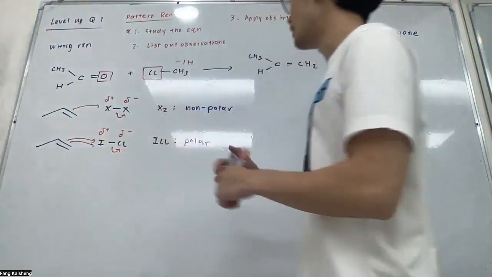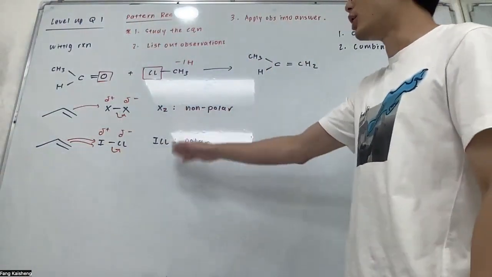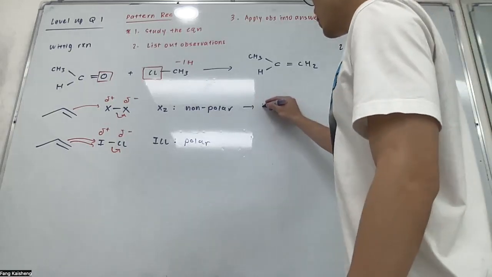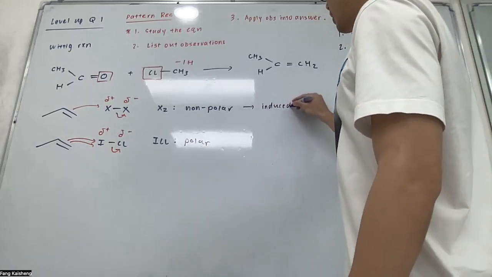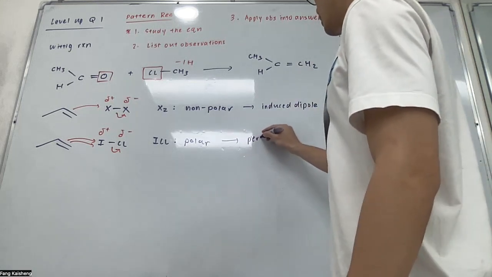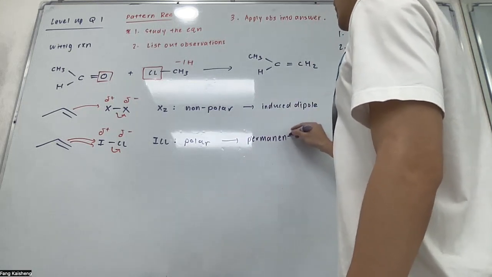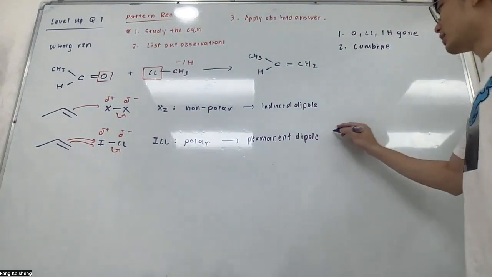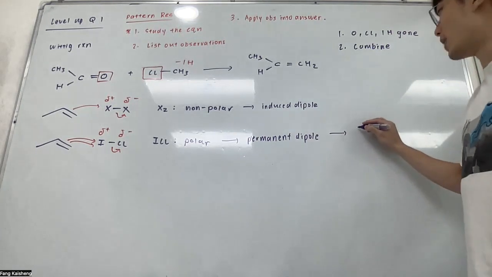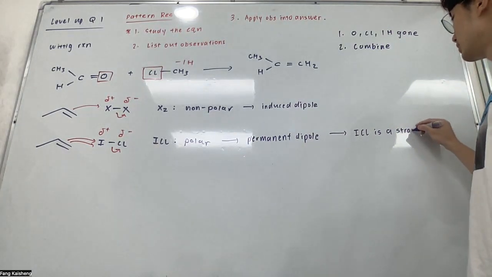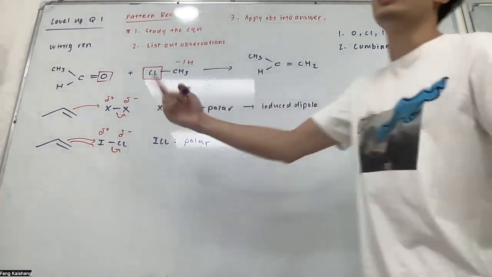Let me write this down. First point: X2 is non-polar, ICl is polar. Because you're non-polar, you have an induced dipole, whereas for polar, you have a permanent dipole. Then we wrap things up and answer the question. Because it's a permanent dipole, ICl is stronger. Poor is getting attacked.